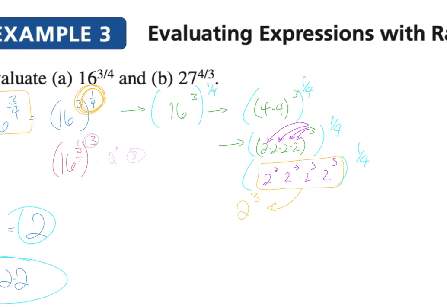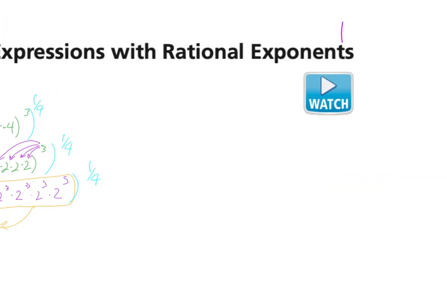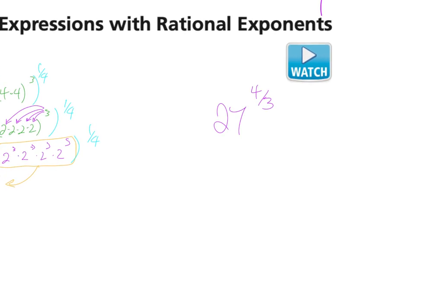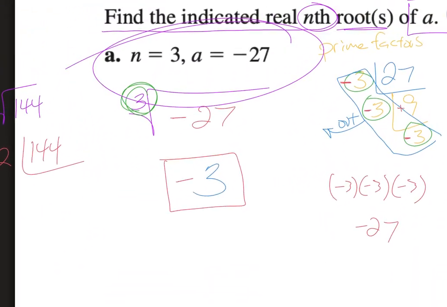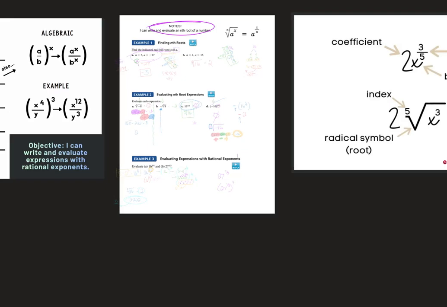In fact, let's try it on this next one. 27 to the 4/3 power. So what if we did the cube root of 27 to the 4th power? Well, the cube root of 27, did we do that already? Let's go back and look. Yeah, we did the cube root of negative 27 and we got 3.